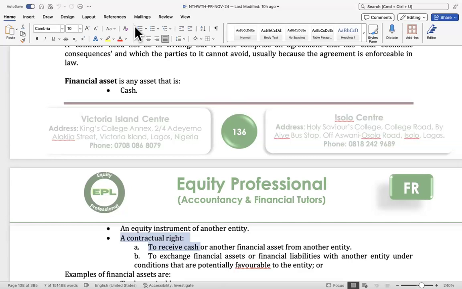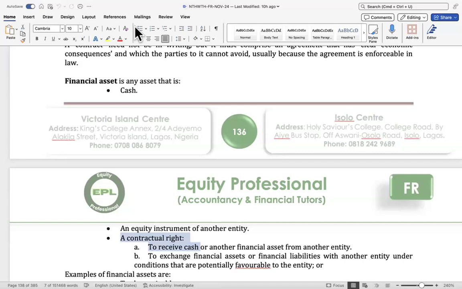I said, yes. The lessor has a right to receive cash. It doesn't have to do anything. If it's a lease arrangement, the lessor will not have to do anything.